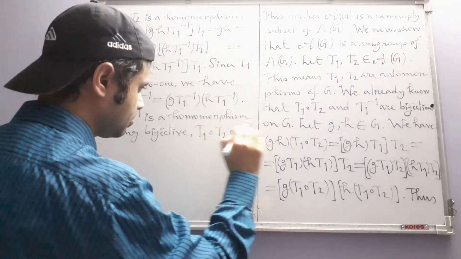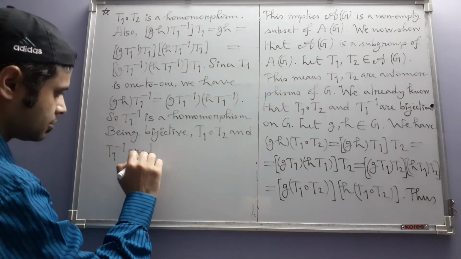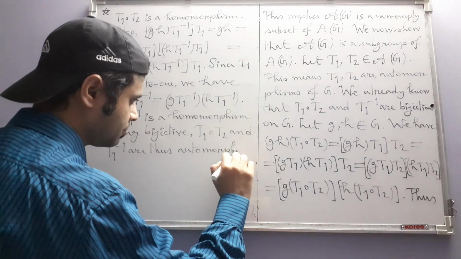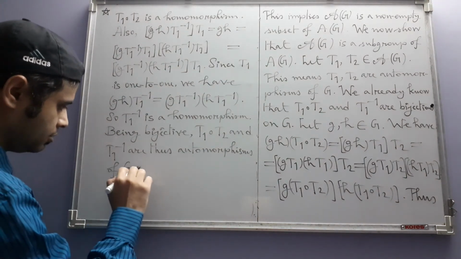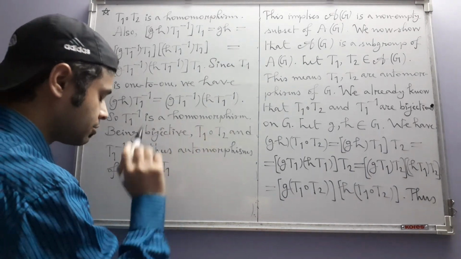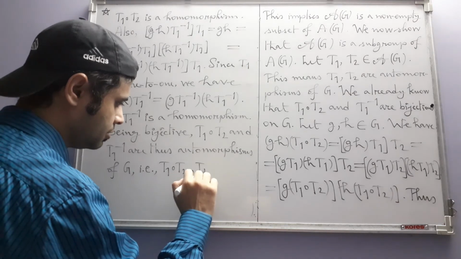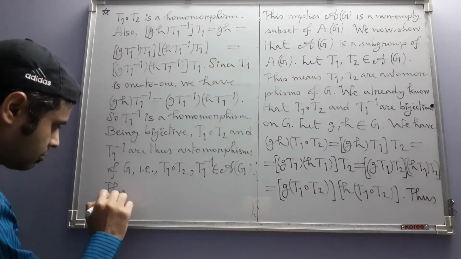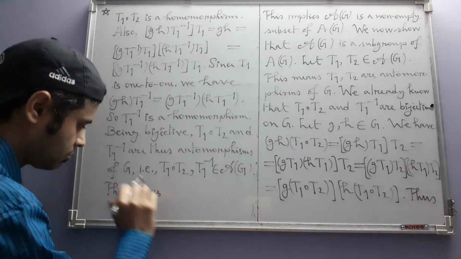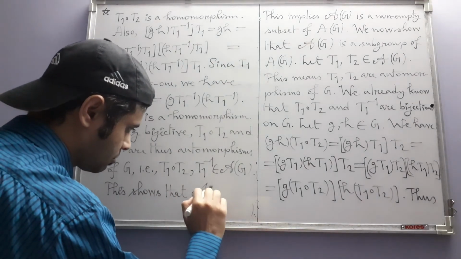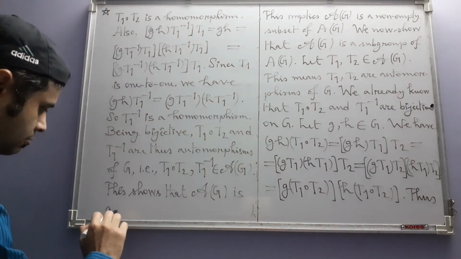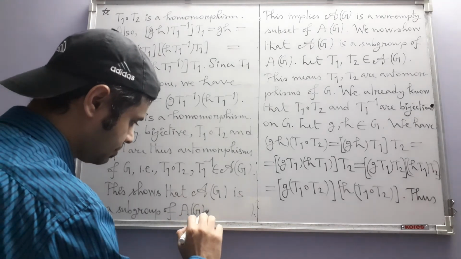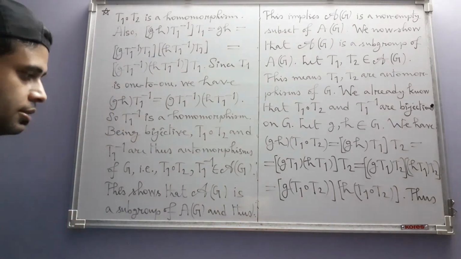T1 composition T2 and T1 inverse are thus automorphisms of G, that is, they both belong to the set of all automorphisms of G. This is a subgroup of A of G and thus is a group in its own right.